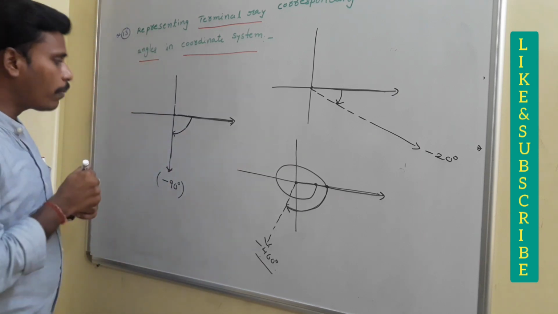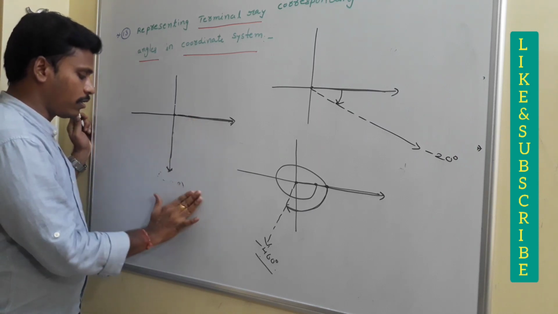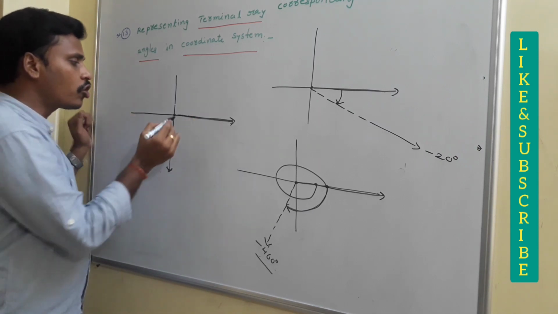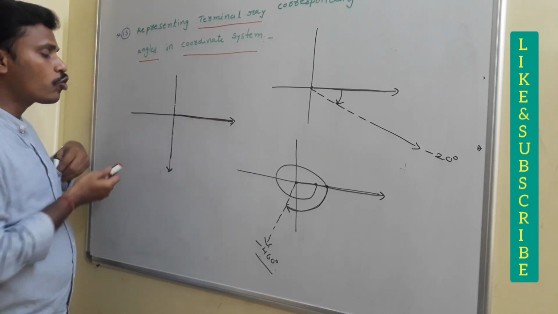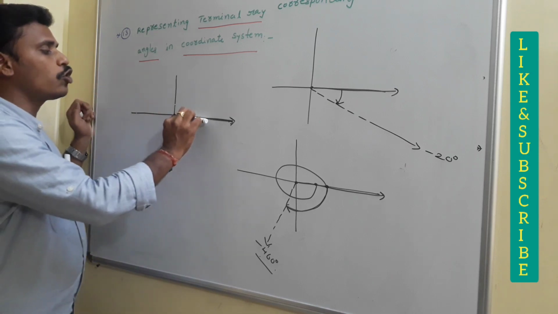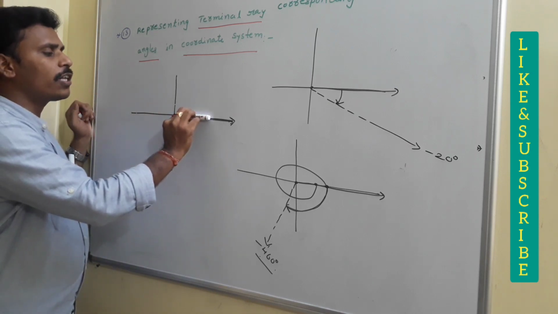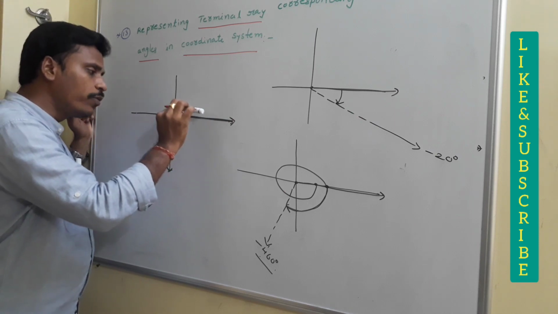Suppose anybody asks you to represent an angle of 0 degrees in the coordinate system, right? Our initial ray is this positive x-axis. Since our initial ray is this positive x-axis, we need to rotate it by an angle of 0 degrees. An angle of 0 degrees means no need to rotate, okay? You are still there only.